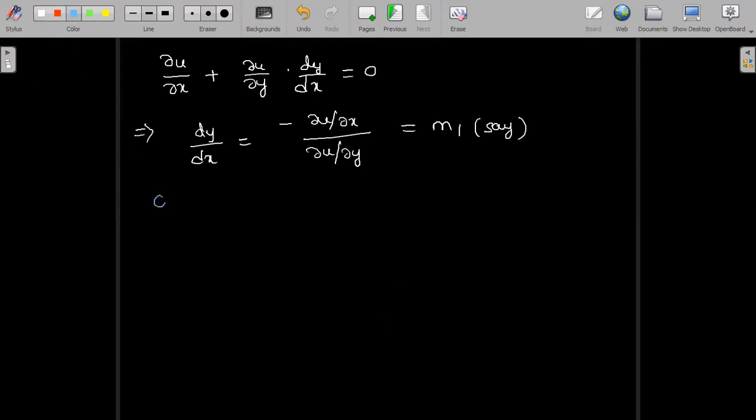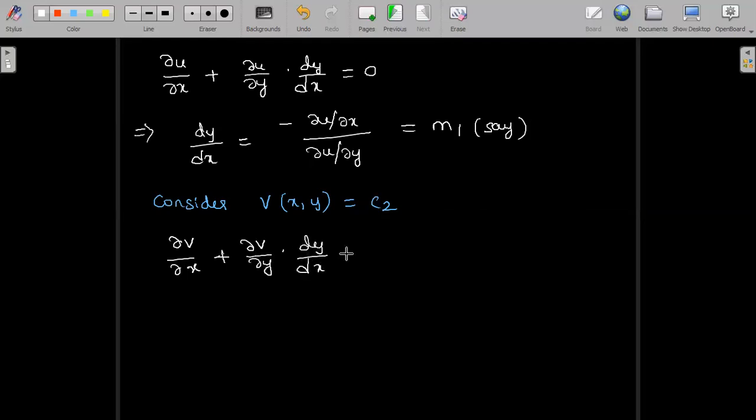Similarly, when I consider the second curve given for us, that is v of x comma y is equal to c2, once again we differentiate with respect to x, treating y as a function of x. So we get dou v by dou x plus dou v by dou y into dy by dx is equal to, differentiation of a constant is 0.